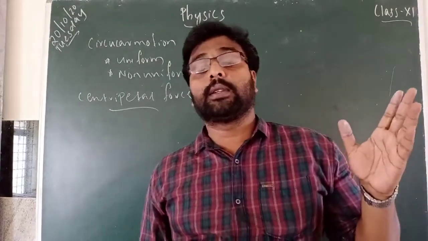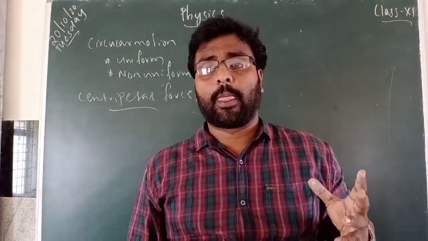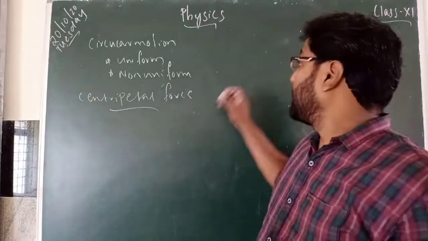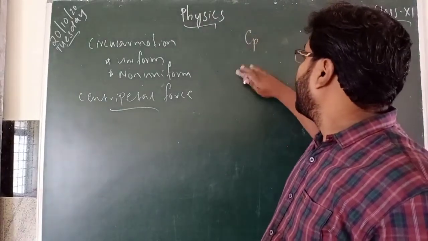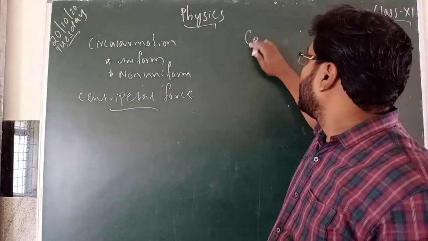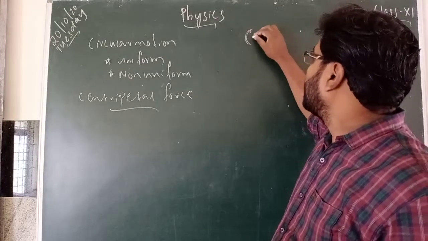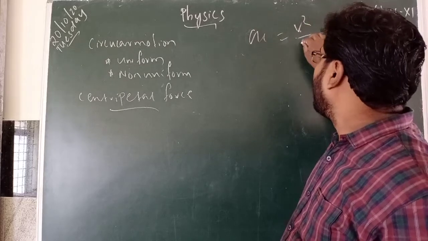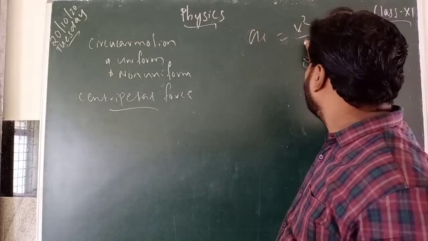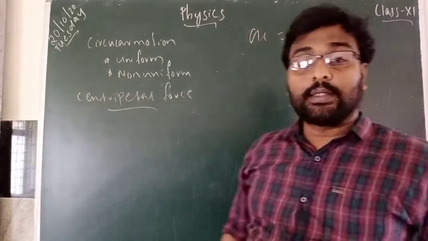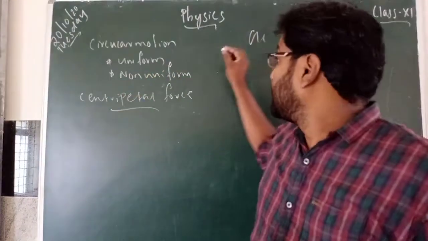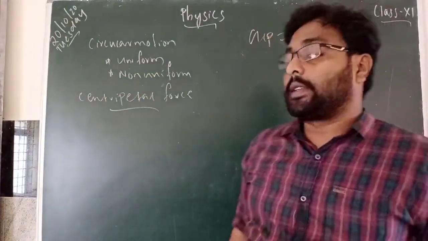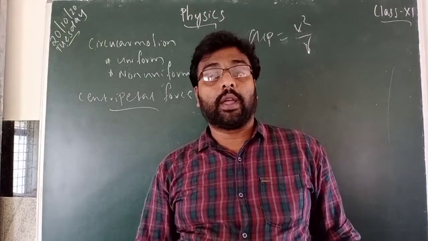That is what we discussed in the last video. Centripetal acceleration A is equal to V square by R. This is what we have discussed.